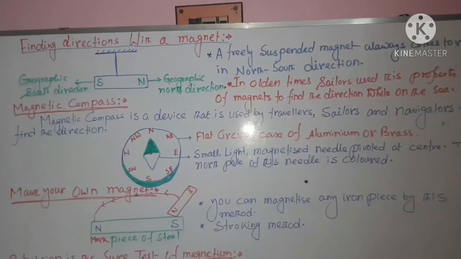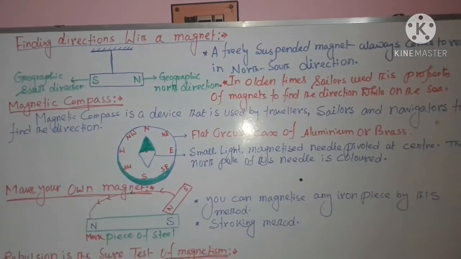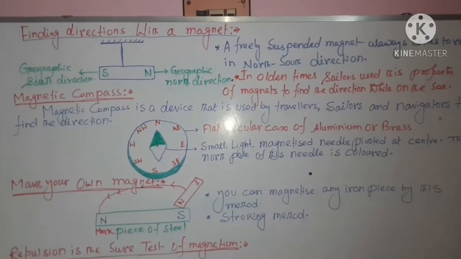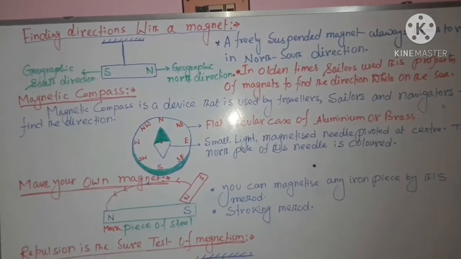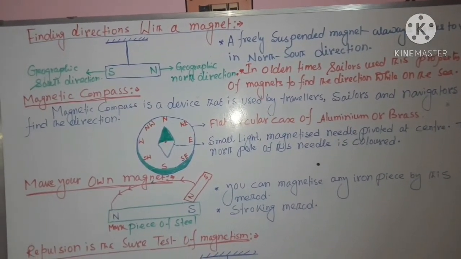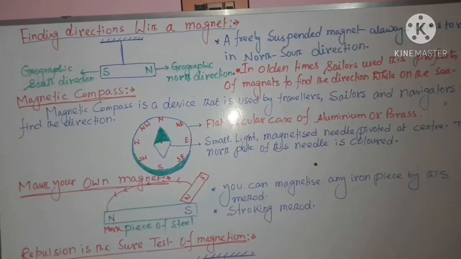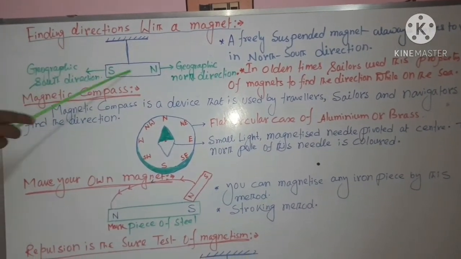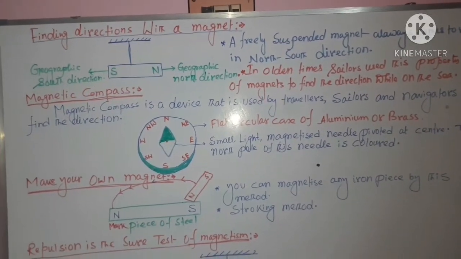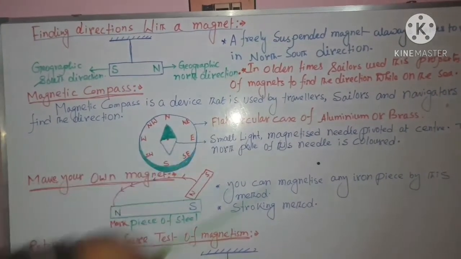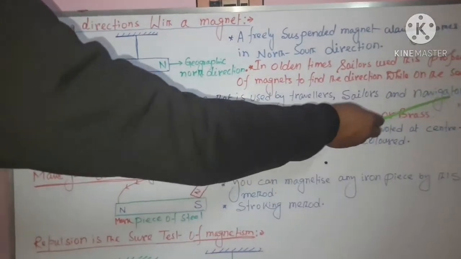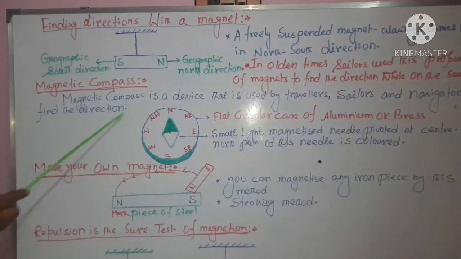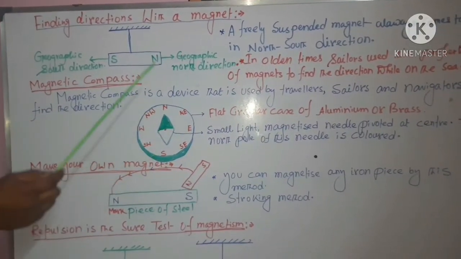In modern times, instead of a bar magnet, travelers, sailors and navigators use the magnetic compass to determine the direction of an unknown place.